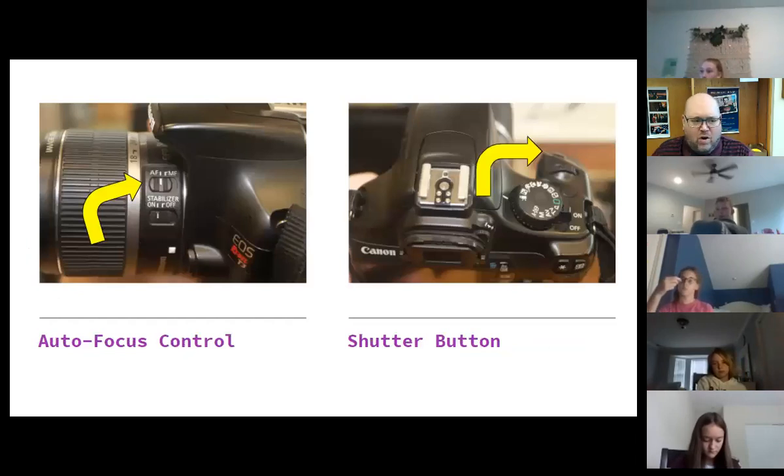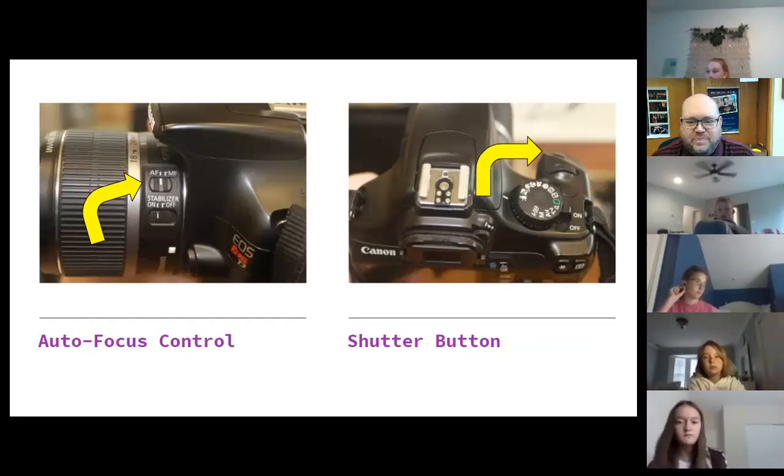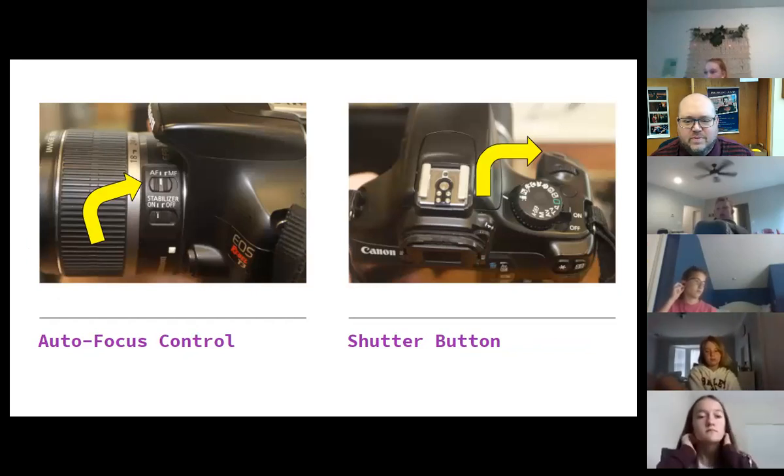What about the autofocus control switch? Chloe, what you got? Autofocus control switch. It switches between autofocus and manual focus. Exactly. When would you want your camera typically to be in autofocus? Victoria, when do you want your camera to be typically in autofocus mode?